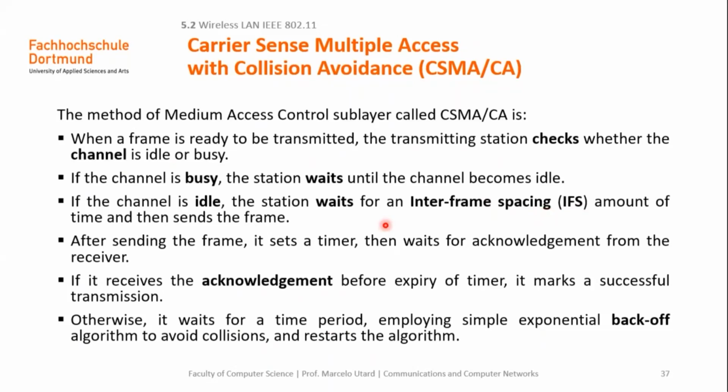After sending the frame, it sets a timer, then waits for acknowledgement from the receiver. That is, this is typically different from Ethernet. In Ethernet, there is no acknowledgement. In this case, the acknowledgement is used in order to detect if the frame could be received by the destination station.